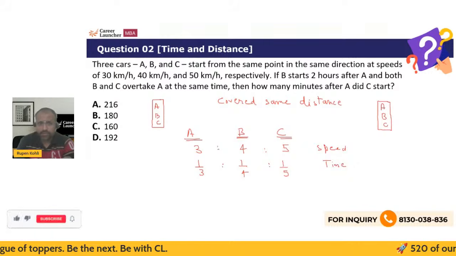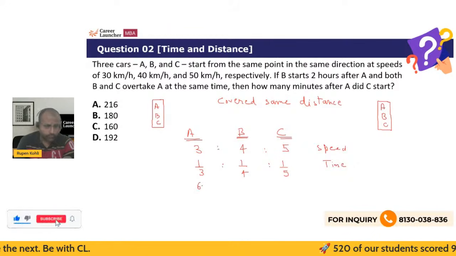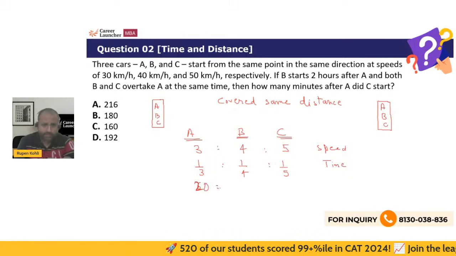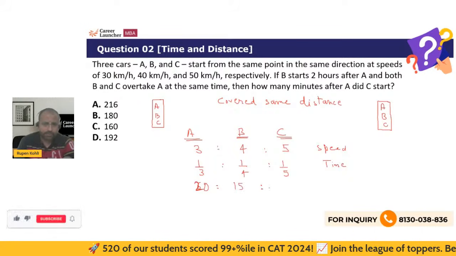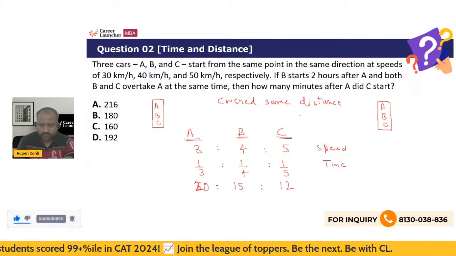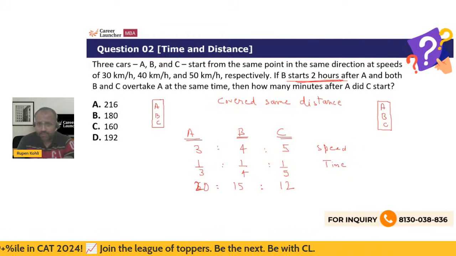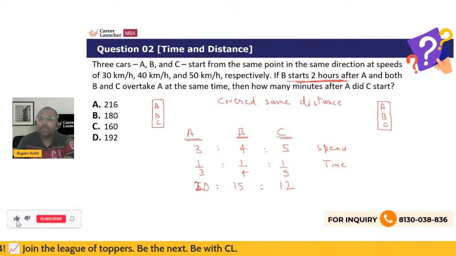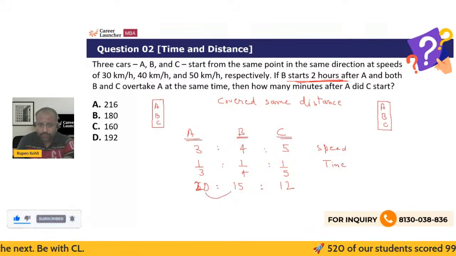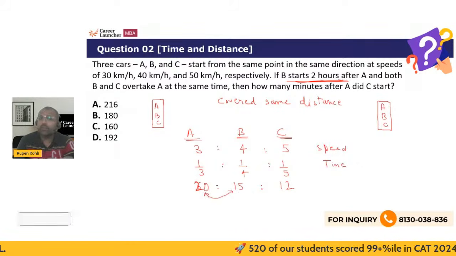So the time taken should be in the ratio of 60 by 3, 60 by 4, 60 by 5, which is 20 is to 15 is to 12. So B starts 2 hours after A, means the time difference between A and B is 2 hours or 120 minutes. So this gap right now is 5. This 5 needs to become 120.